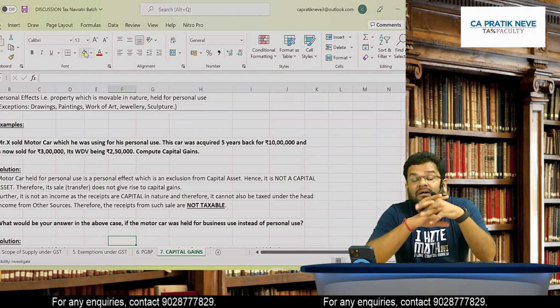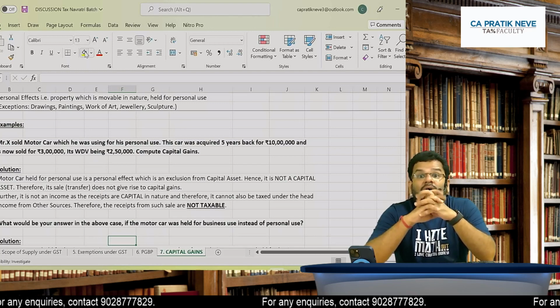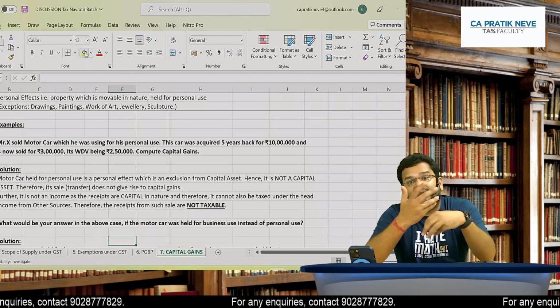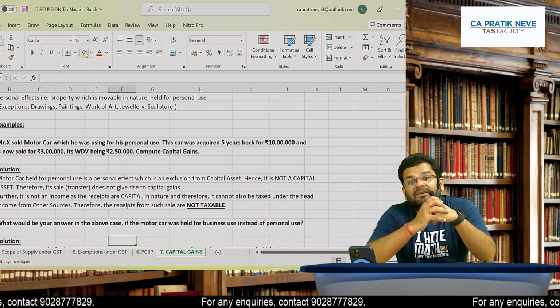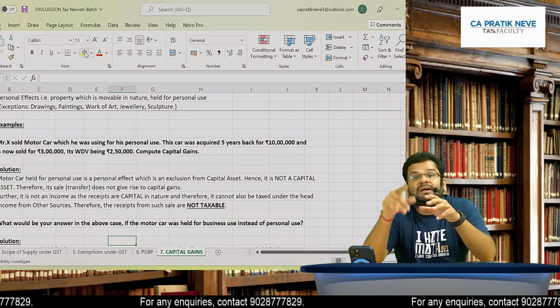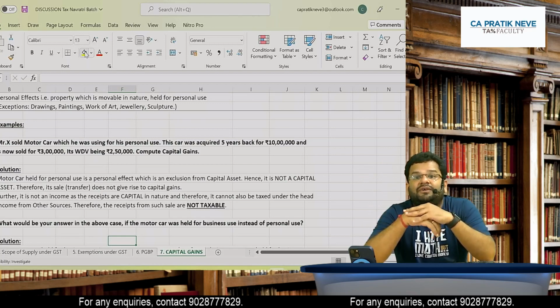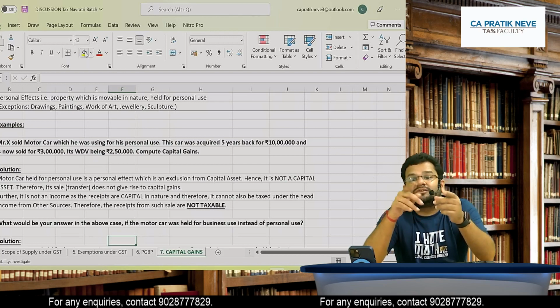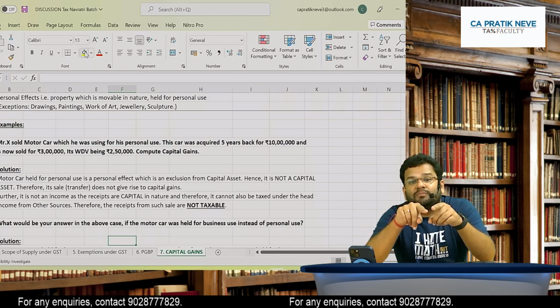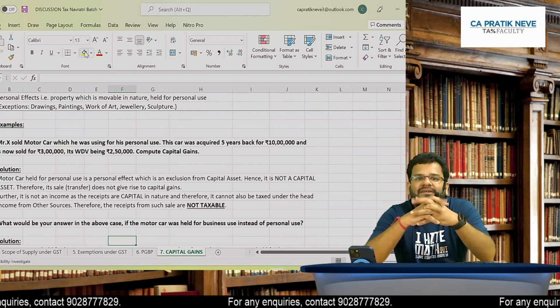That's it. Now friends, two things I have to tell you. If it's a long-term capital asset, then you can minus not cost of acquisition but indexed cost of acquisition. And if it's a long-term capital asset, you can minus not cost of improvement but indexed cost of improvement. Agreed?